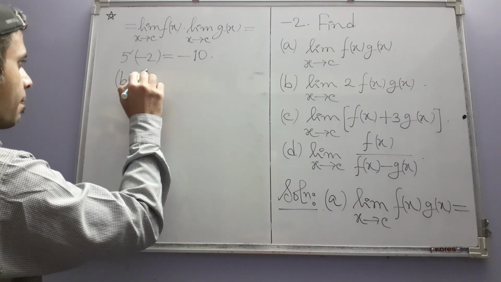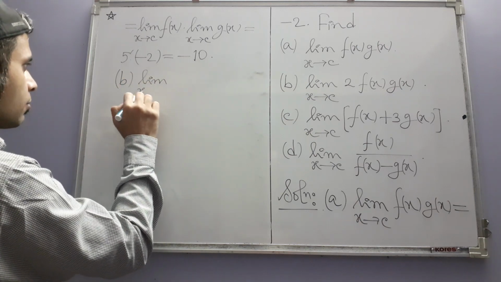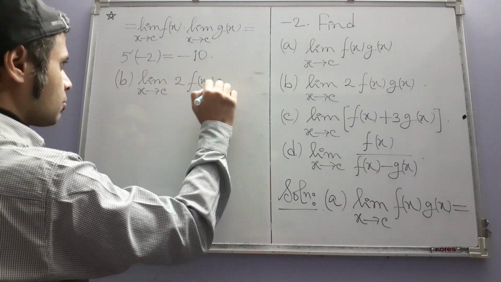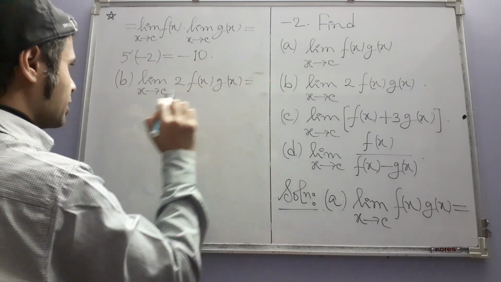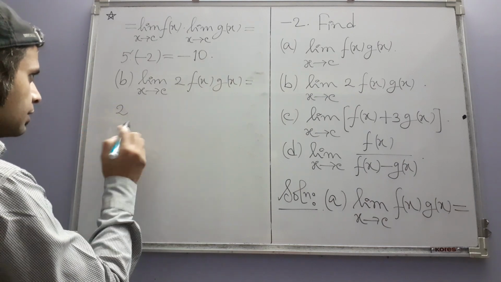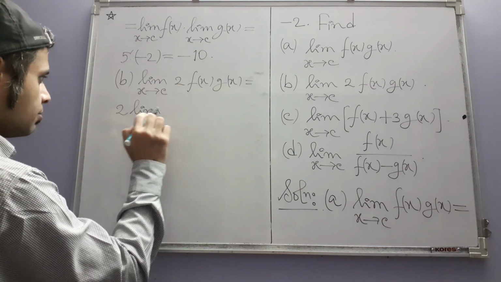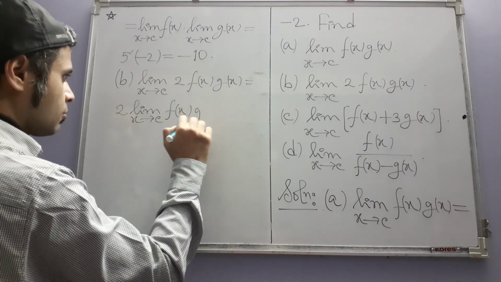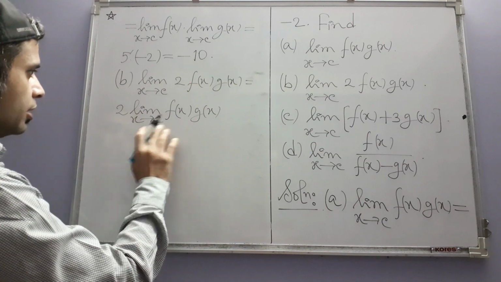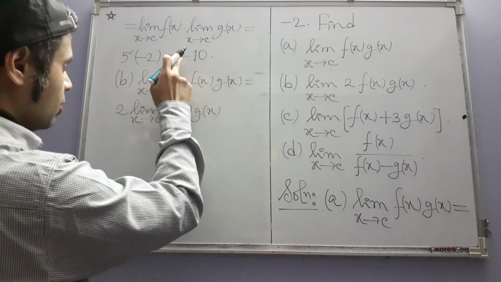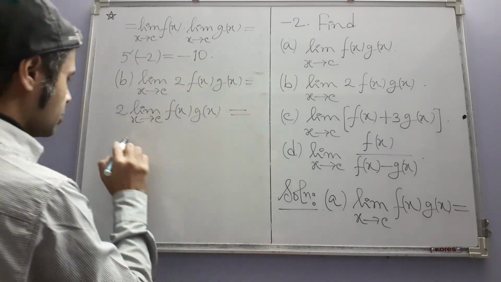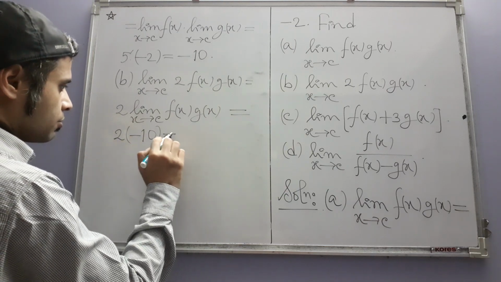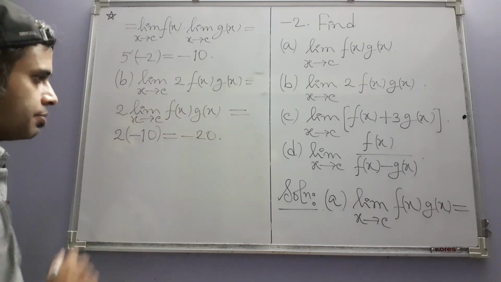B. By the constant multiple rule, you can take that 2 outside, and now there is no need to redo this again because we already have this value. So this is 2 times -10, which is -20.